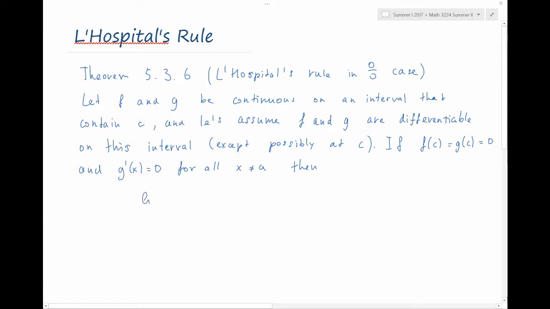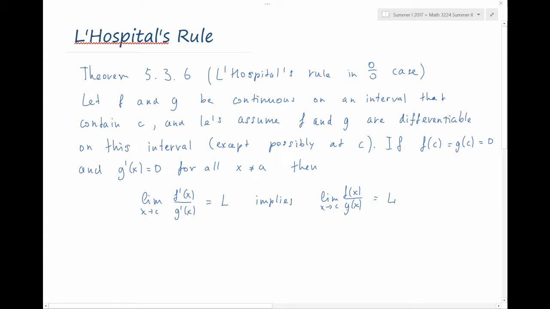Then, if the limit as x converges to c of f prime of x over g prime of x is equal to L, it will imply that the limit of f(x) over g(x) exists and equals L. This theorem does not imply that if the limit of f(x) over g(x) exists, then the first limit would exist.